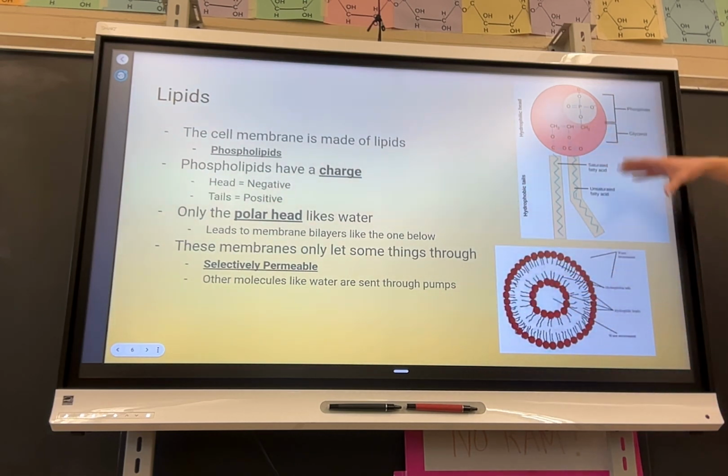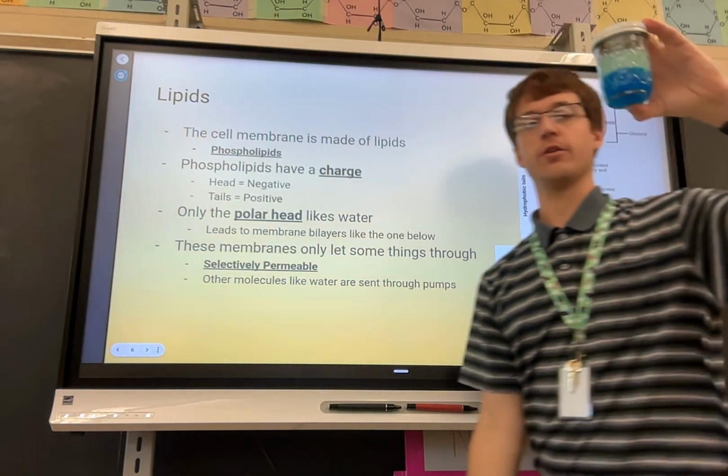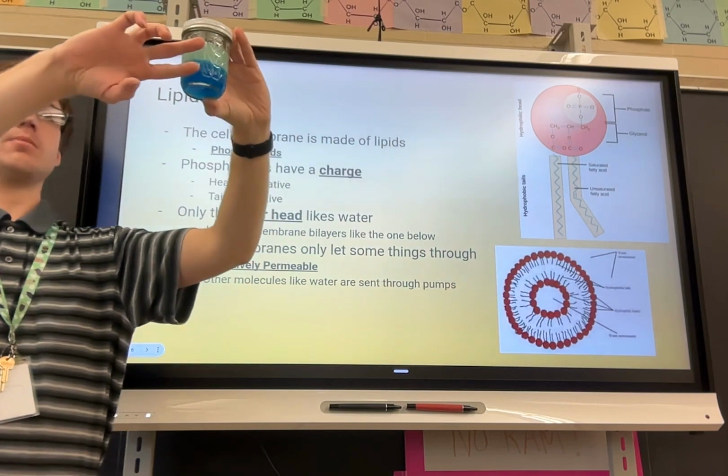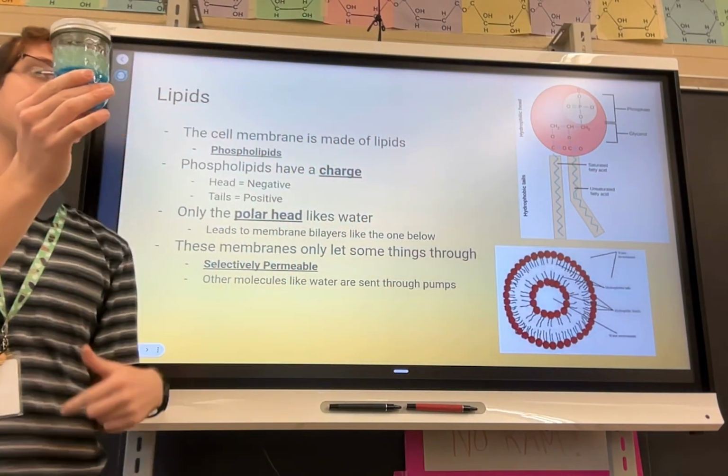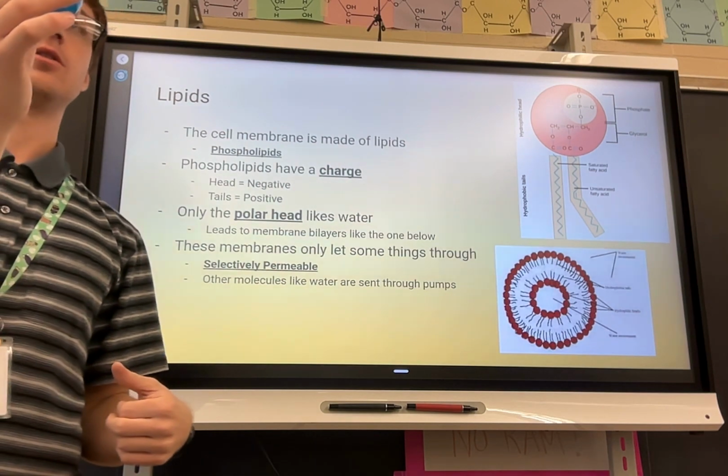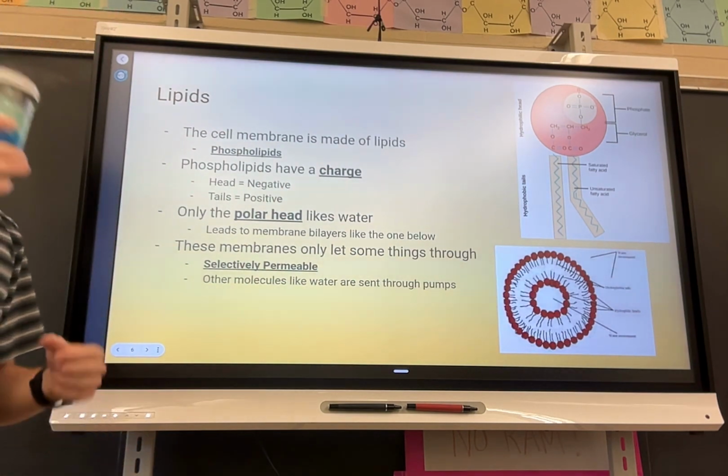It can't slide through these. It's kind of like if I hold up this jar, the layer between the blue and the oil would be like this plasma membrane. It's too thick for it to get through. Okay. Solid.